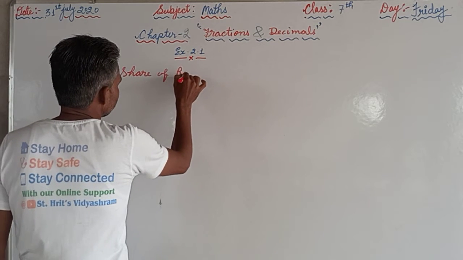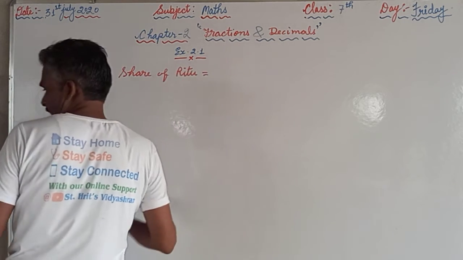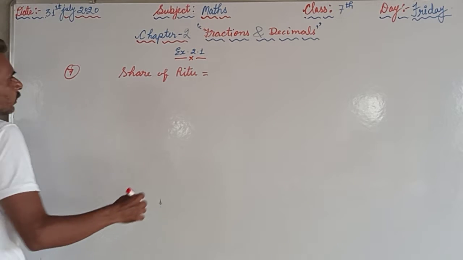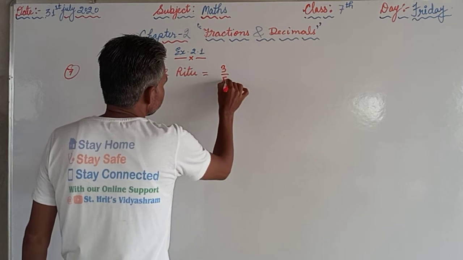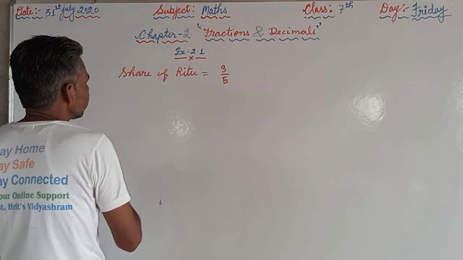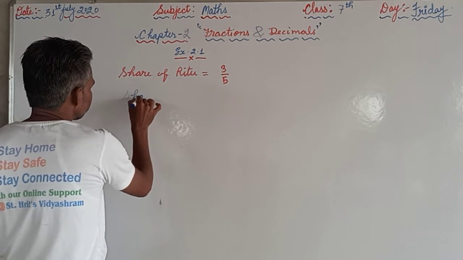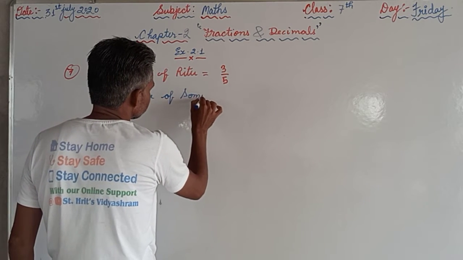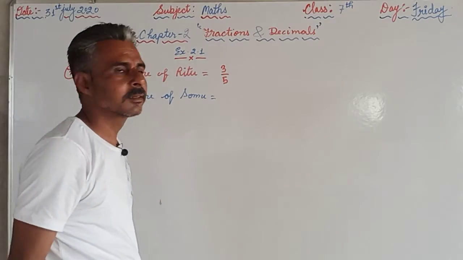Of Ritu is 3/5. So the share of Somu, how many apples were there? 1.